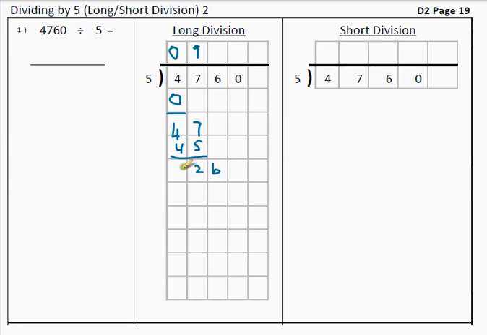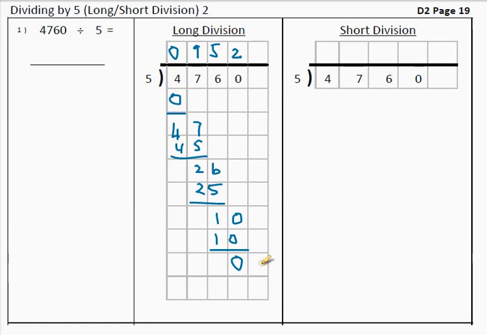I bring down the next number next to my remainder. 26. 5 goes in 26 how many times? 5. 5 times 5, 25. We need to take away to get our remainder. 26 take away 25 is 1. Bring down the next number next to my remainder, 0. 5 goes in 10 how many times? Twice. 2 times 5, 10. 10 take away 10, 0. Bring down the next. There isn't a next one to bring down.